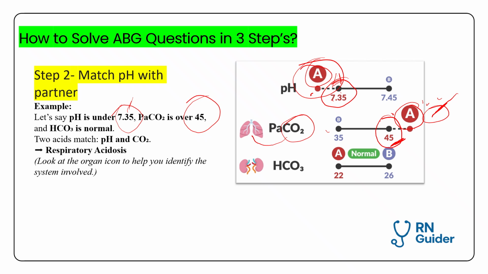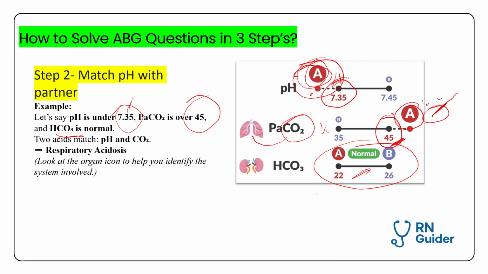In the second step, actually we have to match the abnormal point with the pH. If pH is acidosis, we have to find among the two another acidosis. According to the example, this bicarbonate value is normal, so no need to look here because this is already normal.